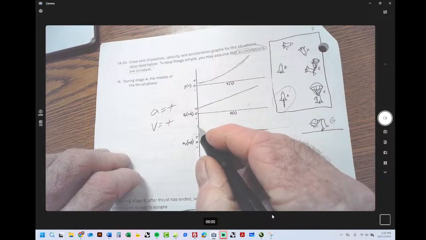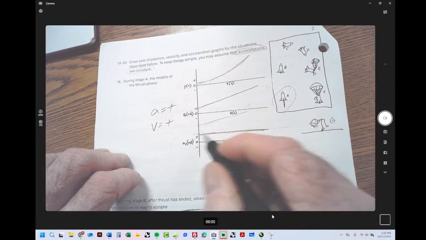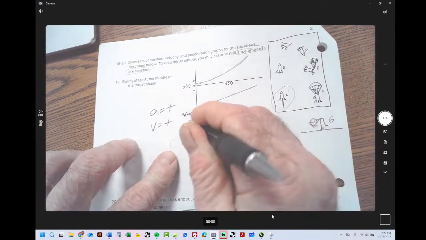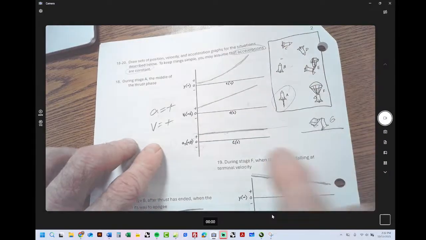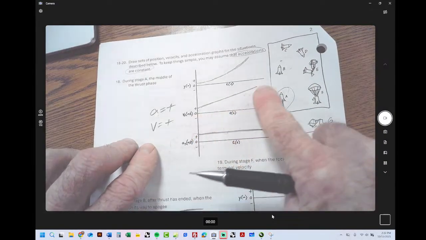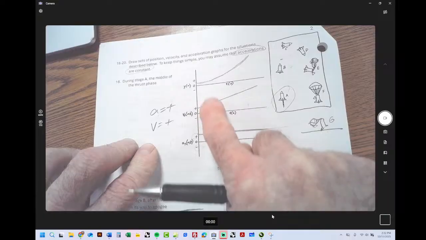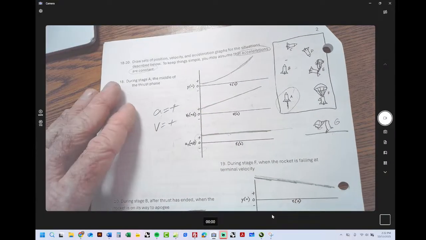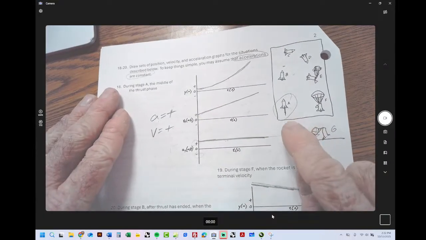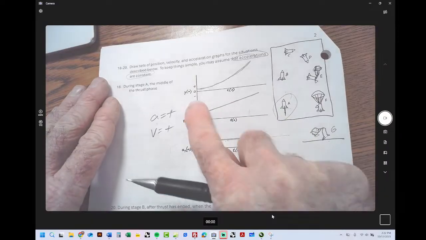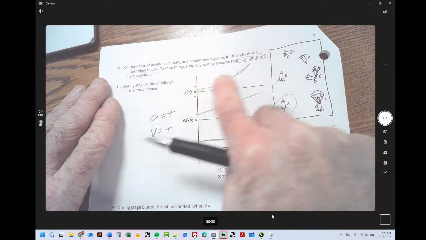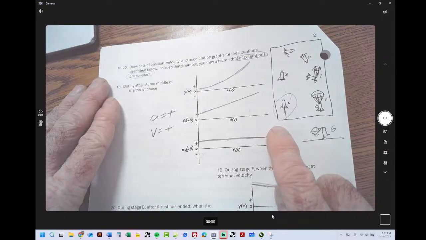So this would be a positive slope for velocity, but the velocity is in the negative range, so that wouldn't be okay. So you just need an upward line like this, somewhere up in the positive velocity range. And the rocket's above the ground, so position-wise, we're in the positive area up here.